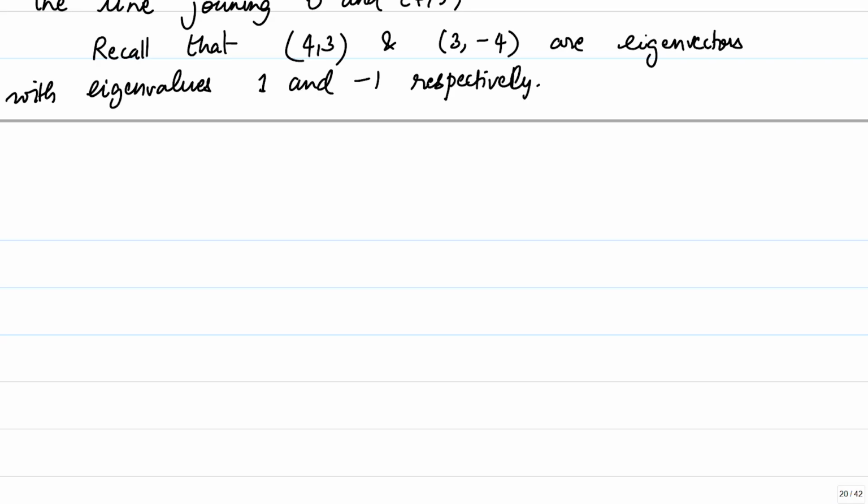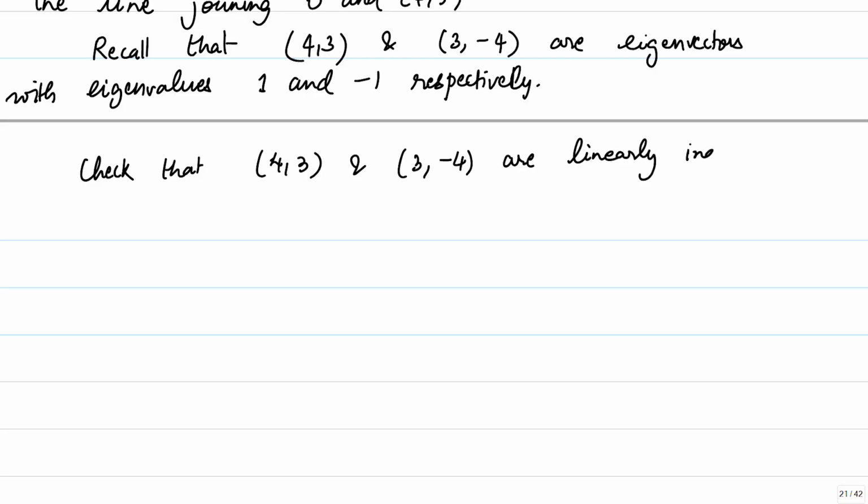I will leave it as an exercise for you to check that (4, 3) and (3, -4) are linearly independent. What can we say about a set of 2 vectors in R2 which are linearly independent? It should necessarily be a basis.